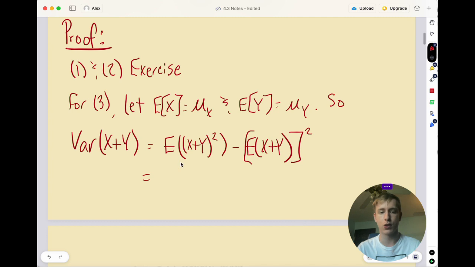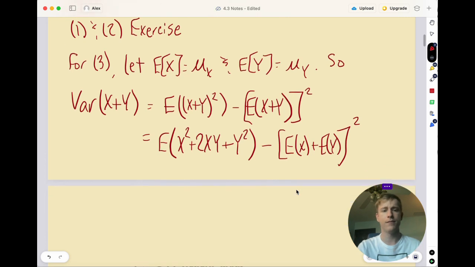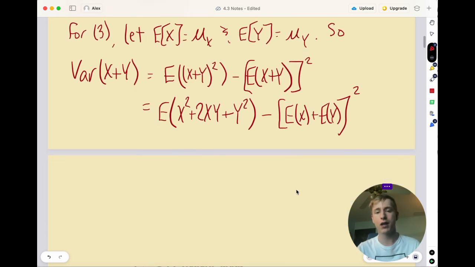First thing I'm going to go ahead and do is fill in the parentheses. So this is x squared plus 2xy plus y squared minus, and then remember this is just going to be the expectation value of x plus the expectation value of y, and we're squaring that. Okay, and this is where now I'm going to go ahead and replace this with mu sub x and mu sub y.